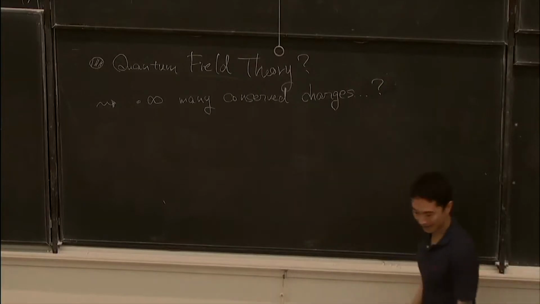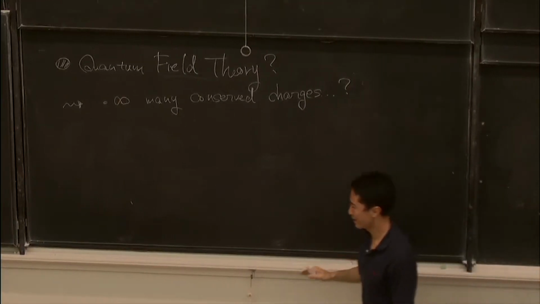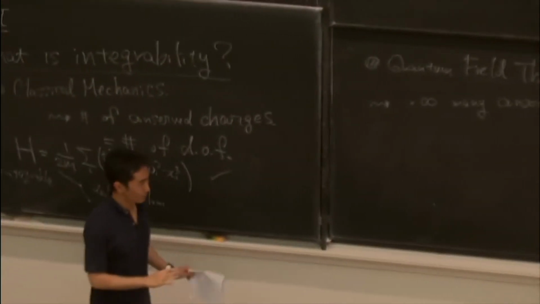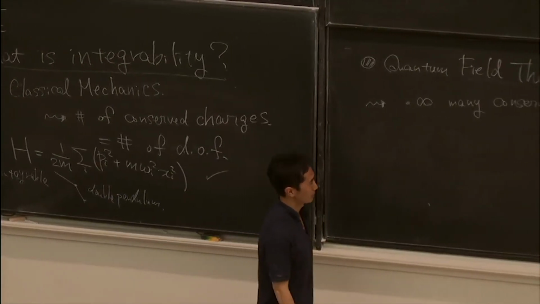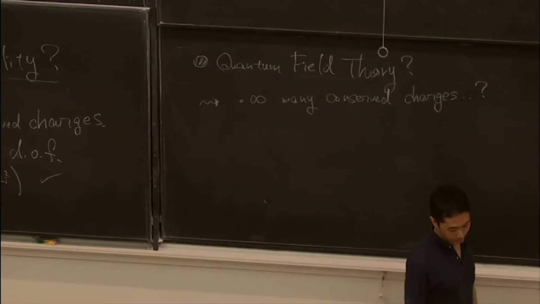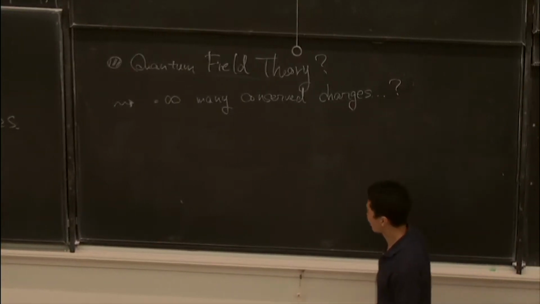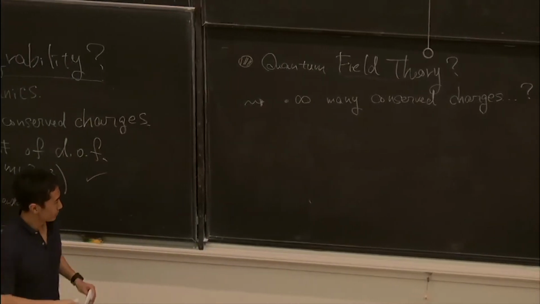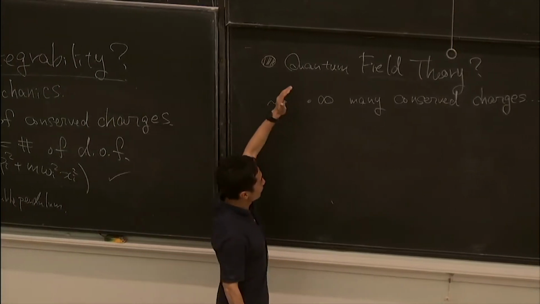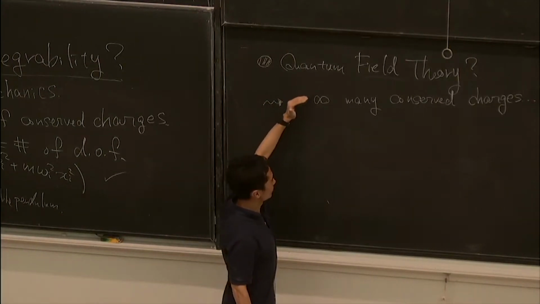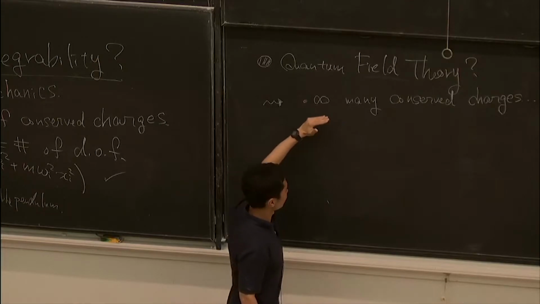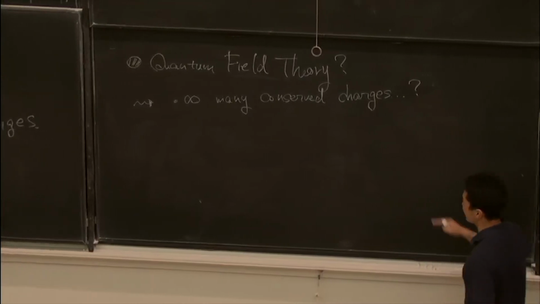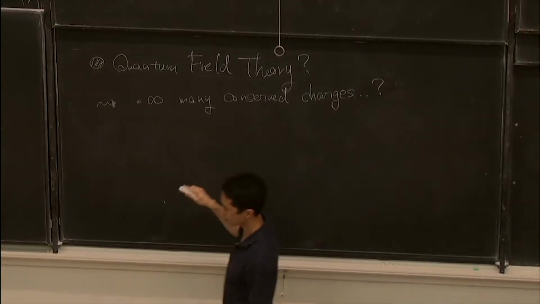But of course, comparing infinity with infinity is always difficult, and actually there is no mathematically rigorous definition of integrability in quantum field theory to which everyone agrees. But when people talk about a quantum field theory which is integrable, they often mean a quantum field theory with infinitely many conserved charges.